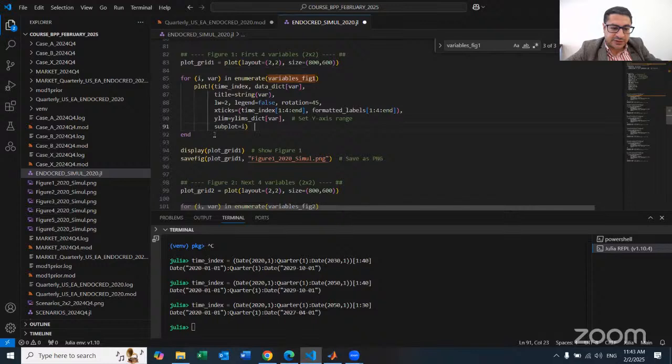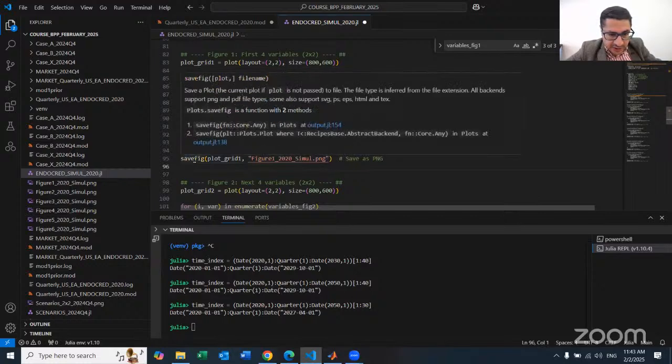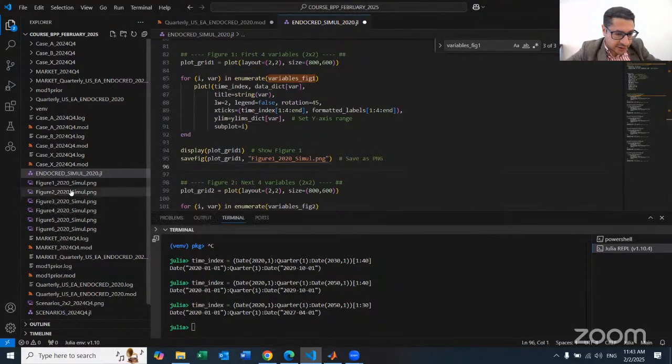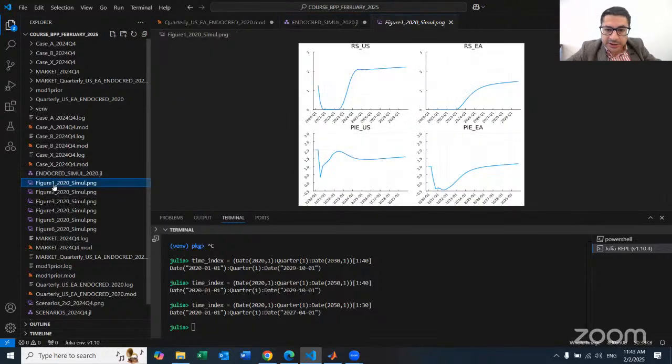Also, which is very important and I suggest you do, save this in PNG. Just put the command savefig plot grid one, name the figure, and you can save it in PNG. So it will look like this.